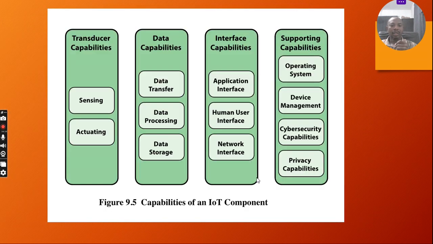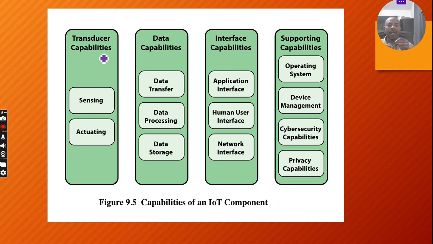Now let's take a look at the capability of an Internet of Things component. First of all, we have what we call the transduction region. In the transduction region, you have the transducer capability. The transducer capability is to be able to sense any available physical parameters like temperature, heat, humidity, light intensity, and all of these things. Then we have the actuating part of this transduction.